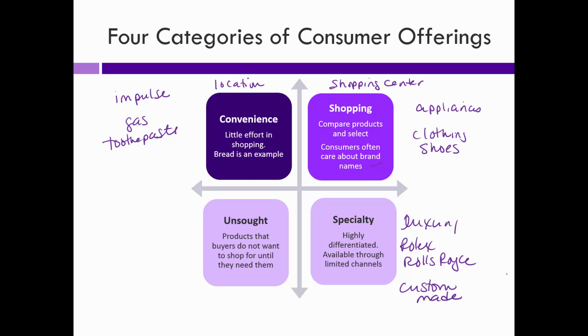Unsought goods are things that you don't think about until you need them. So funeral arrangements, nobody shops around really for that. A plumber, you don't really shop ahead for a plumber to have one on hand just in case. Or sometimes like car towing, things like that. So those are kind of emergency things, and you didn't think you were going to need it, but now you do.